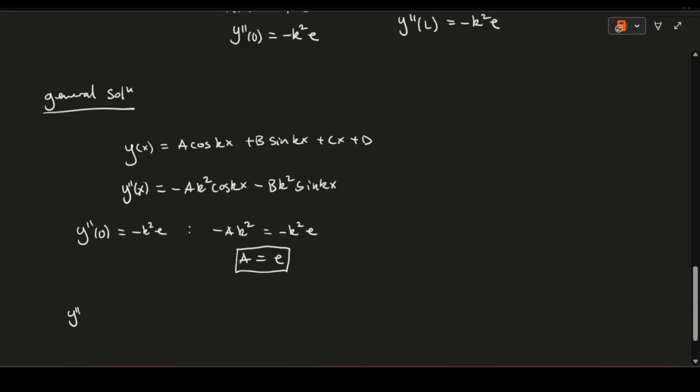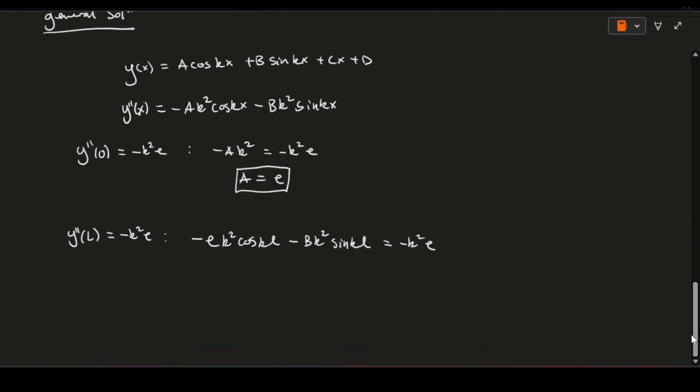Same we can do for y prime prime at L. This should also be equal to minus k squared E. So we get minus E k squared cosine kL minus B k squared sine kL should equal minus k squared E. The k squared goes away and the negative sign goes away.